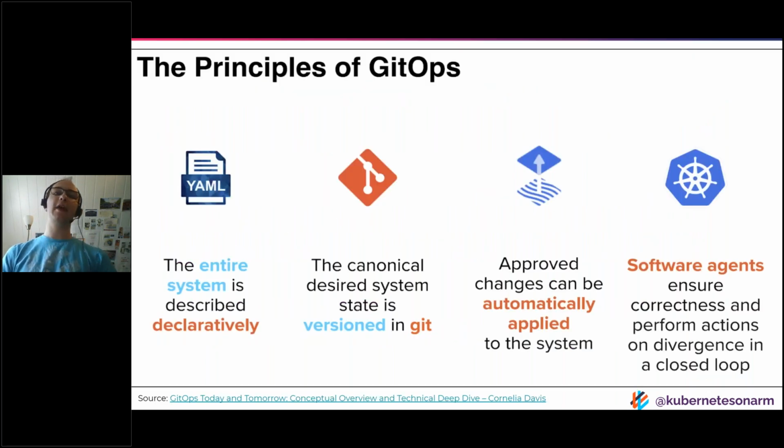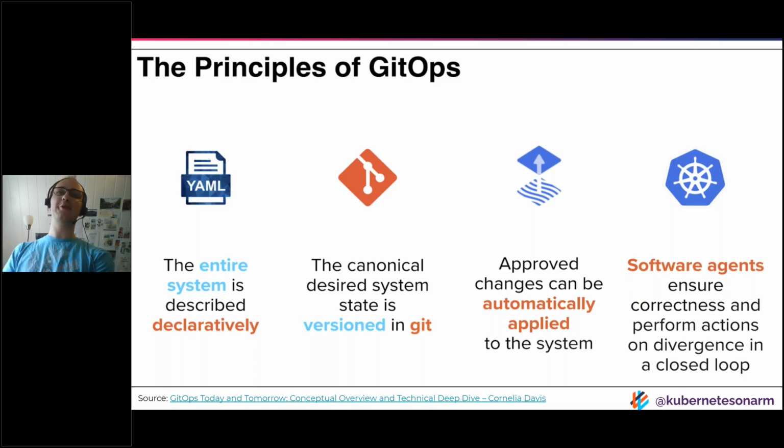So the principles of GitOps is that the entire system is described declaratively. So like in a YAML file or JSON or some other declarative format. Then the canonical desired system state is versioned in Git. So you can go back, you can see the history, what has changed over time, and find out kind of an audit log as well from this. Then approved changes by humans or robots can be automatically applied to the system.